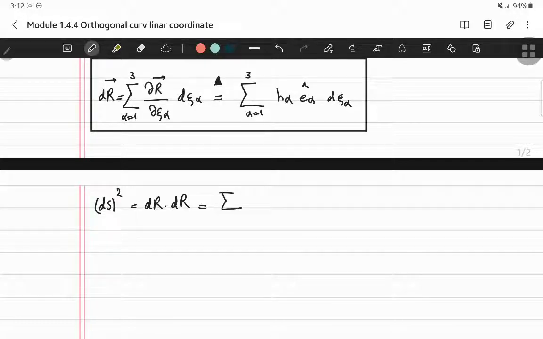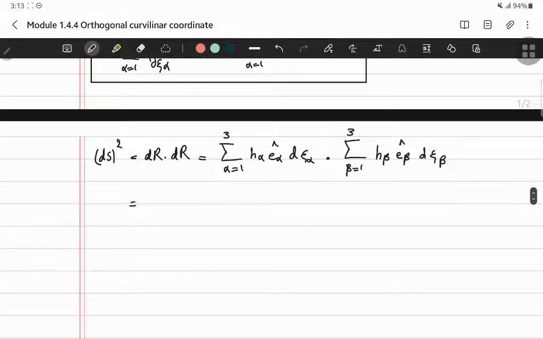We have sigma alpha from 1 to 3, H alpha, E alpha, d z alpha, dot sigma, and this time I use beta. So I have H beta, E beta, d z beta. So I can take these two together.